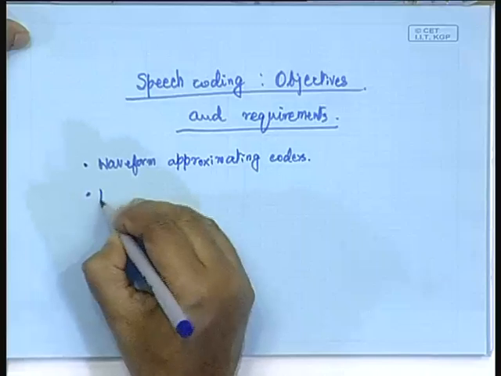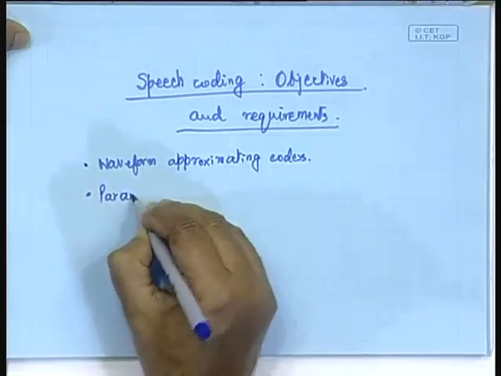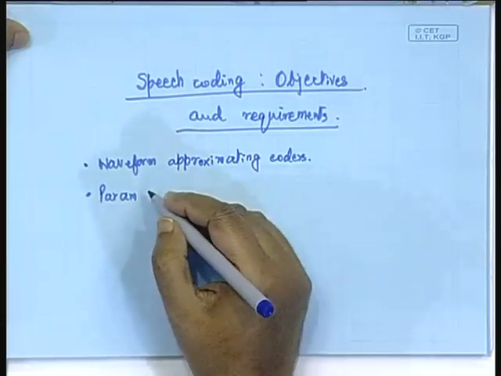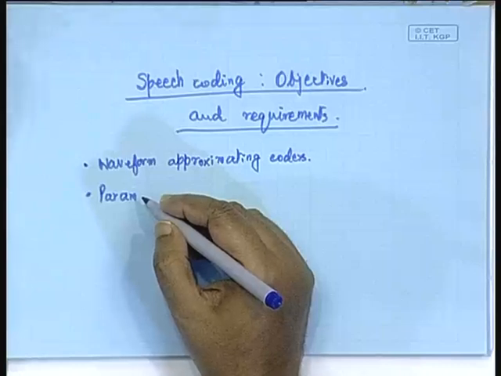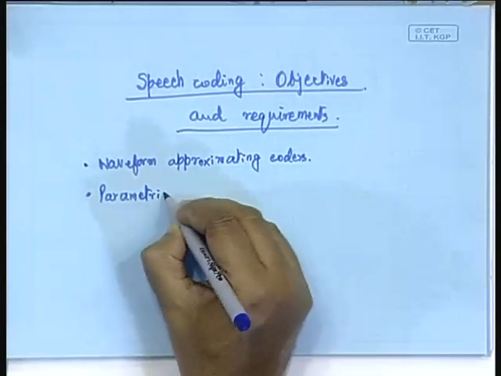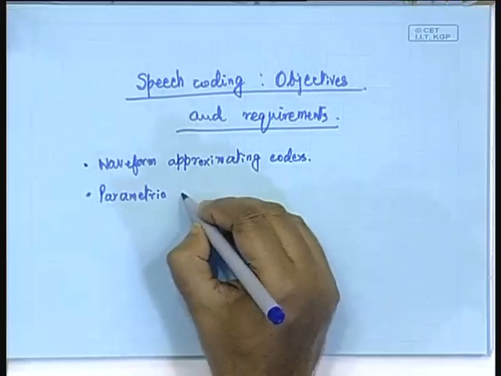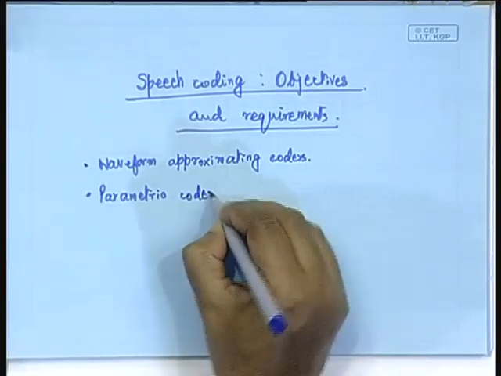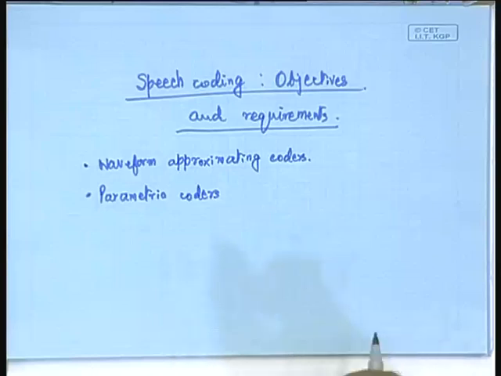And parametric coders, as I described just now, one form is the channel vocoder, but there are other advanced parametric coders developed to date, and many of these are highly efficient and capable of producing a natural sound.